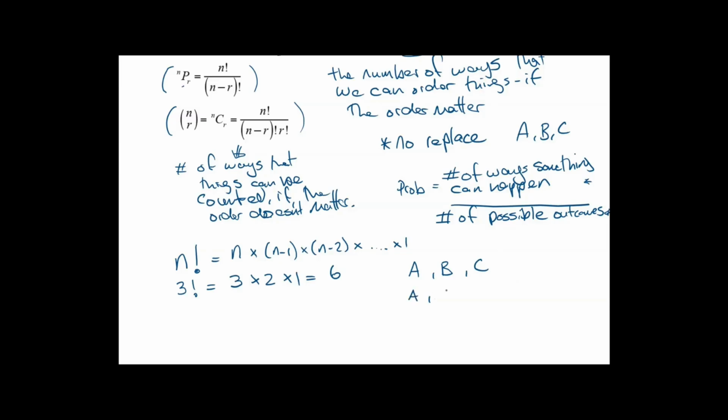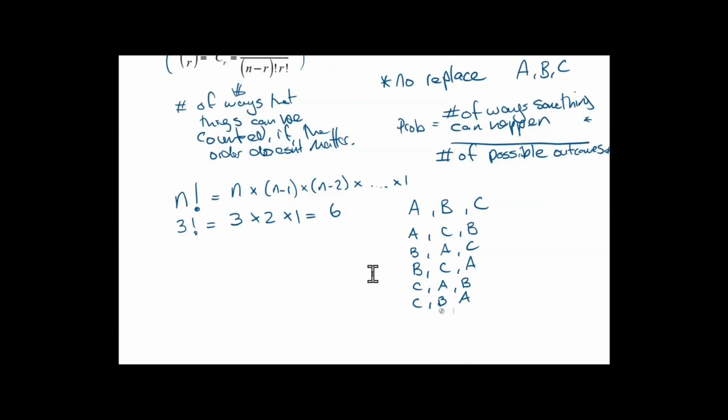There's also A, C, B. There is B, A, C. There is B, C, A. There is C, A, B, and C, B, A. And it's going off the page. And that's all of the examples if we use all of them. And if you look here, there are 1, 2, 3, 4, 5, and 6 of them.